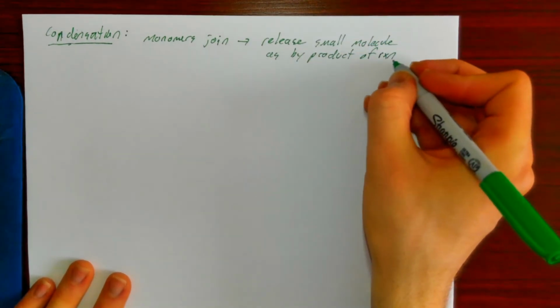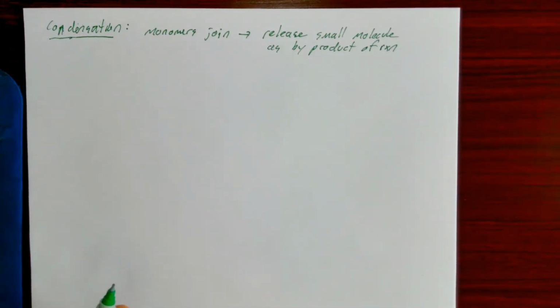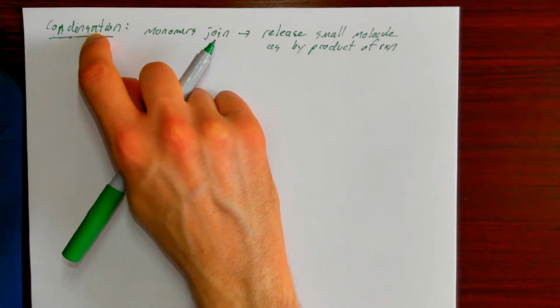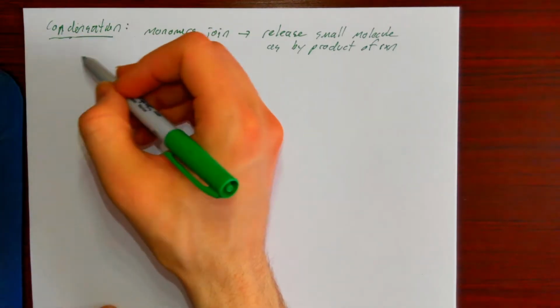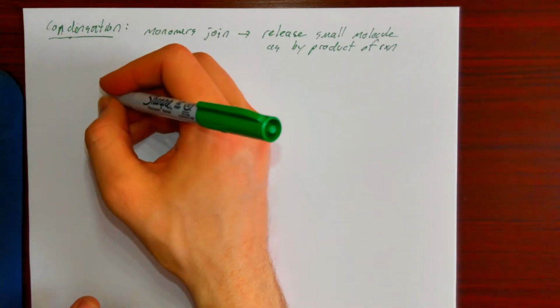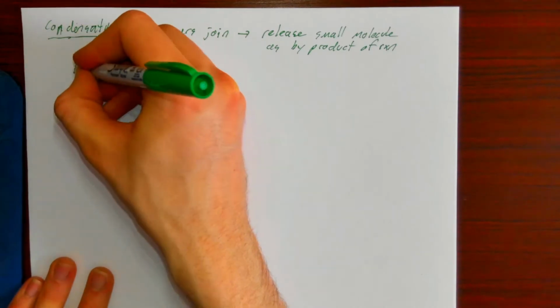I'll use RxN to abbreviate reaction in this case. So if you dust off your first year or high school biology notes, you'll know that one of the favorite condensation reactions in bioengineering is an example of this, amino acids.